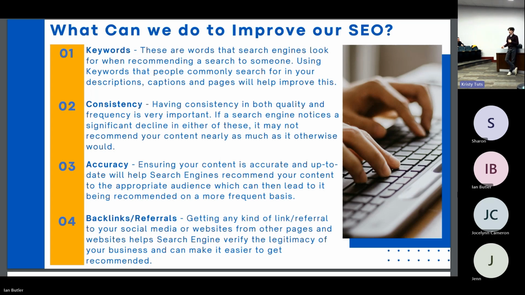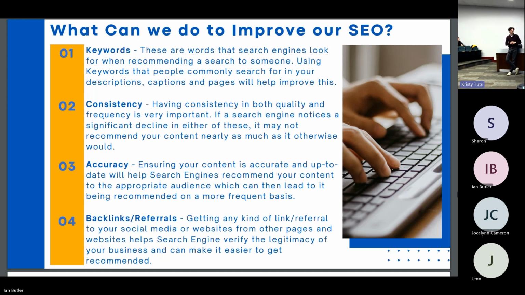So when people are searching for things like "hair dyeing near me" or "hair dyeing White Court," you're more likely to pop up. And that goes for all your content. If you're doing it on Facebook as well, you want to put keywords into your Facebook posts so that when people look on Facebook and search for something, you'll be more likely to pop up.